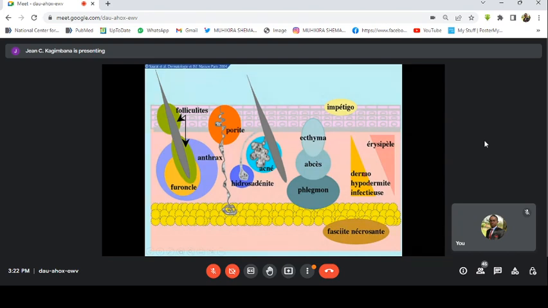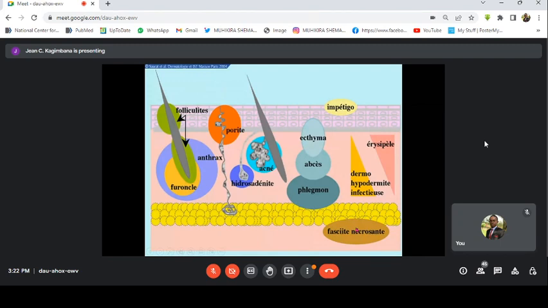Here are the muscles. This progresses into fasciitis, severe.